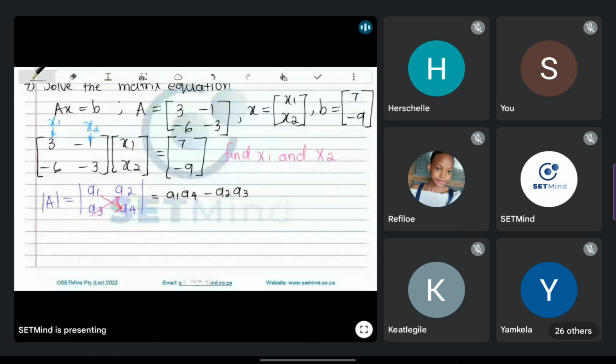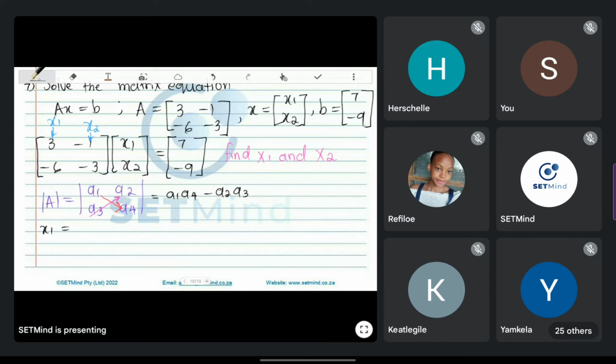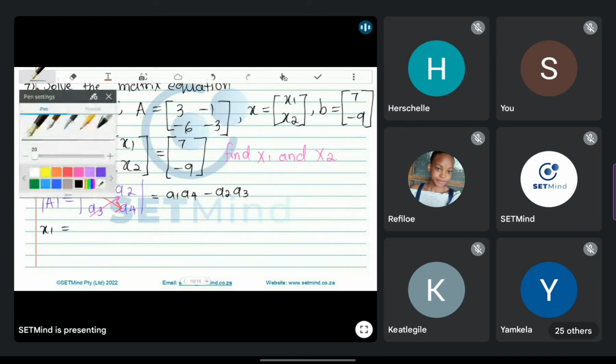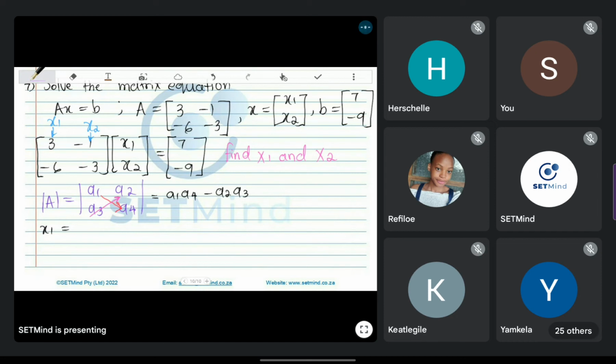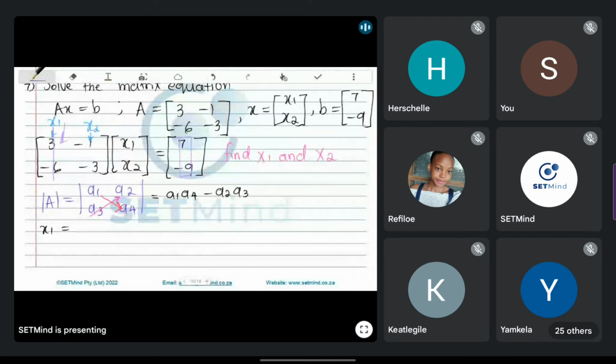And then if you go and solve for x1, x1 is simply going to be this matrix. So this is the x1 column, so we'll cancel this column. And then take what is after the equal sign, put it here. So essentially, my matrix is going to look like, I'm going to take the 7 from the right and the minus 9.